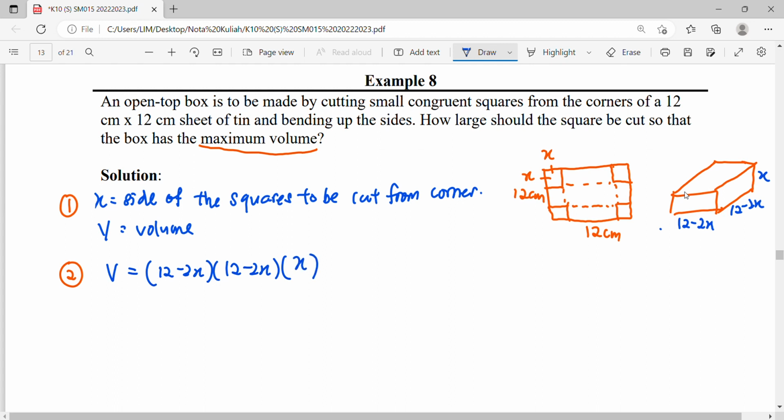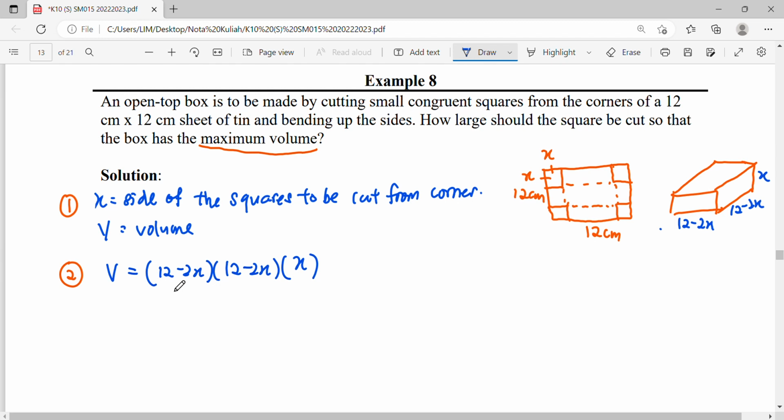So second step is to obtain our volume equation in a single variable. Yes, it is in terms of x only, one variable only. So these equations are ready to differentiate and verify the critical number.